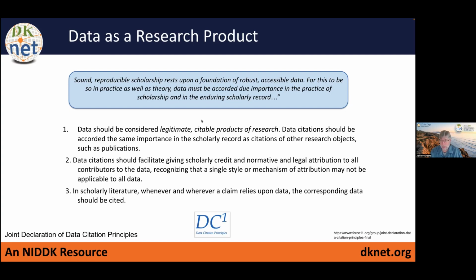There was a group, Force 11, which brings together journals, researchers, and librarians. They put forth a joint declaration of data citation principles that is being implemented in the community so that one can cite data sets just like other published literature.